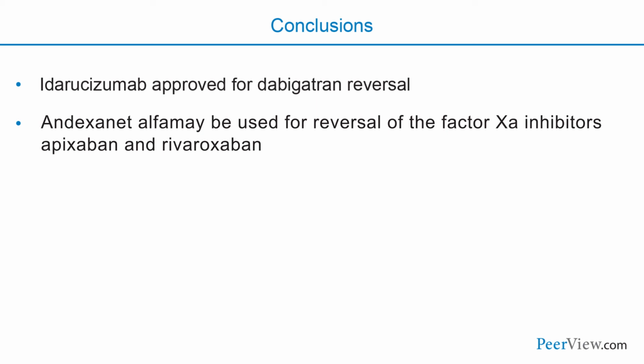In the ANNEXA-4 study, it showed a good effective hemostasis achievement rate, above 80% in these patients. It's really effective against all of the 10As, whether oral or parenteral, and has similar safety and efficacy as other approved reversal agents such as Idarucizumab. So in the meantime, focus on the agents you have in your armamentarium.